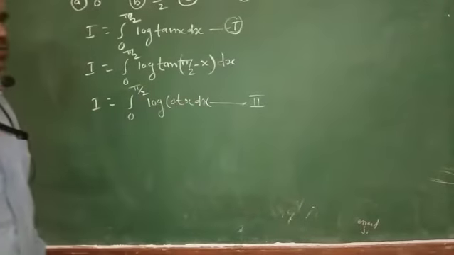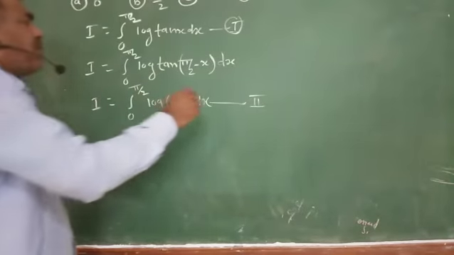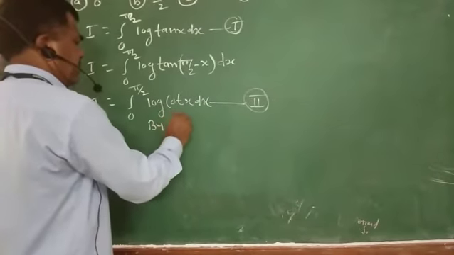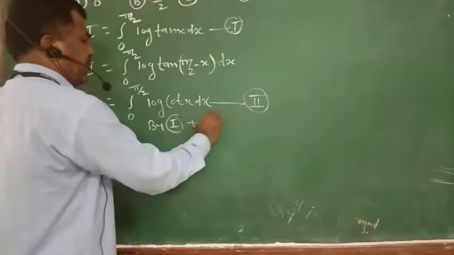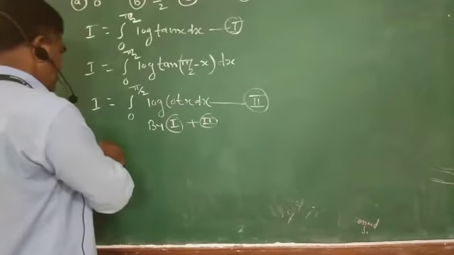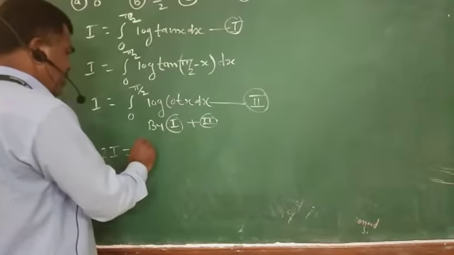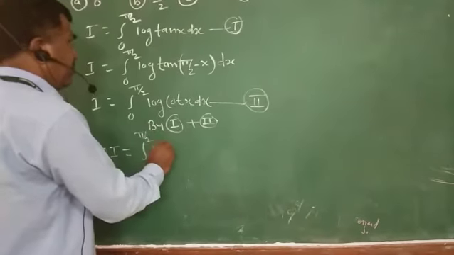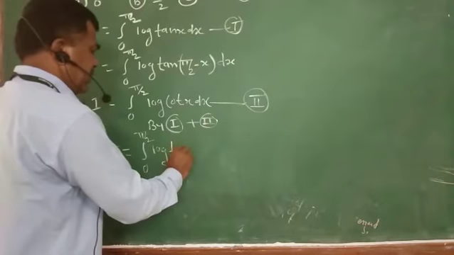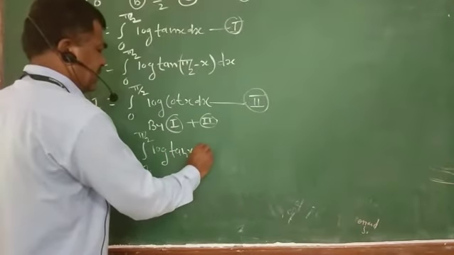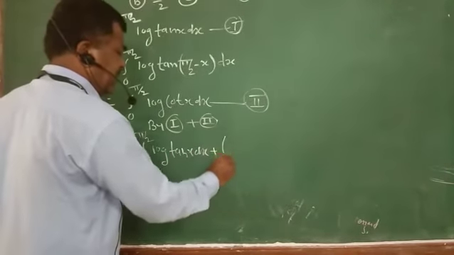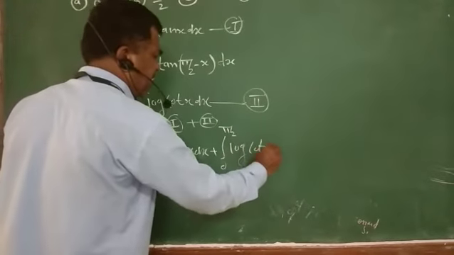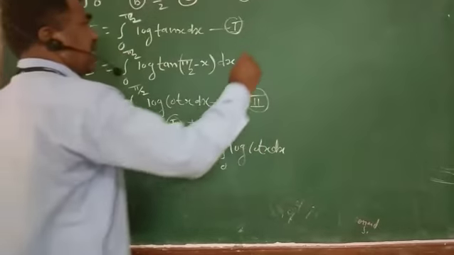Equation 2. Adding 1 plus 2, 2I equal to integration 0 to pi by 2 log tan x dx plus integration 0 to pi by 2 log cot x dx.